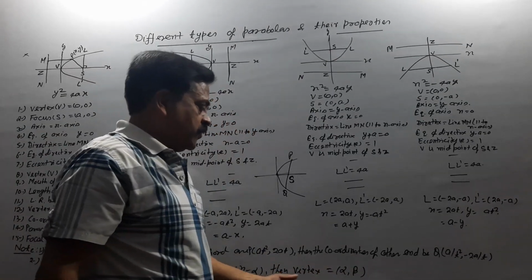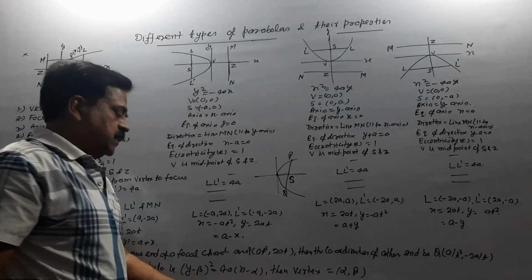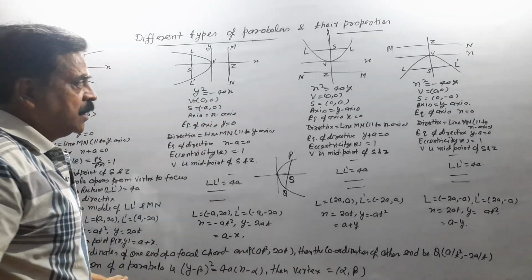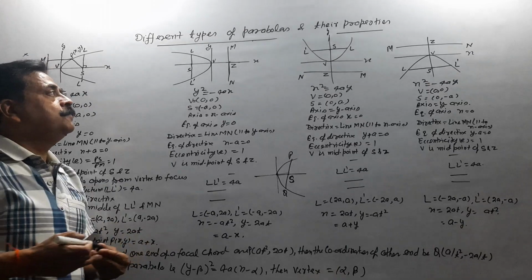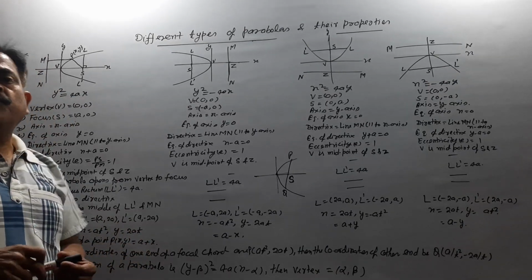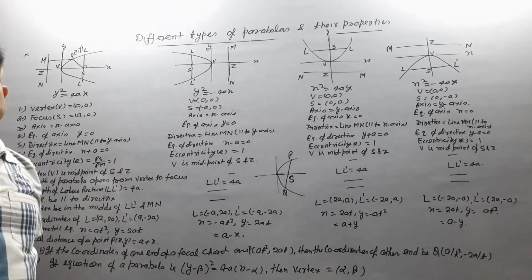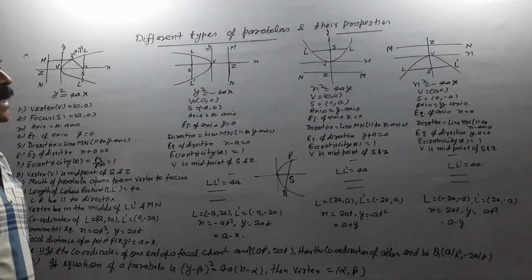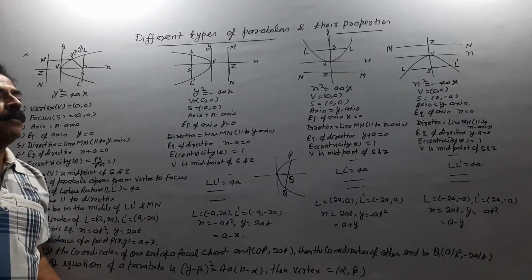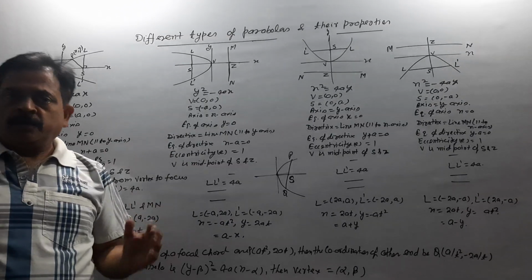So the coordinates of the vertex are (alpha, beta) in this type of parabola. So these are the properties of the four standard parabolas. In the next video we will study the general equation of a parabola.